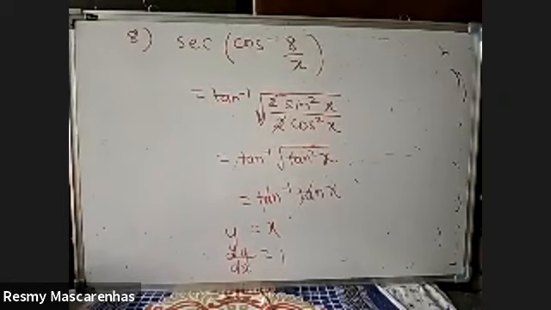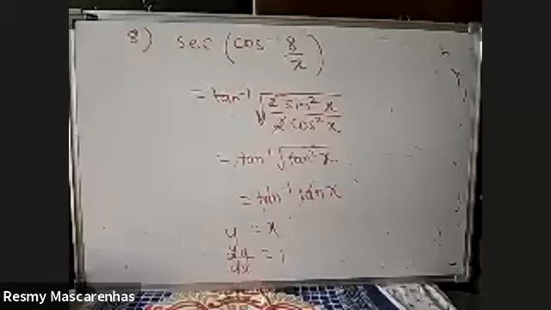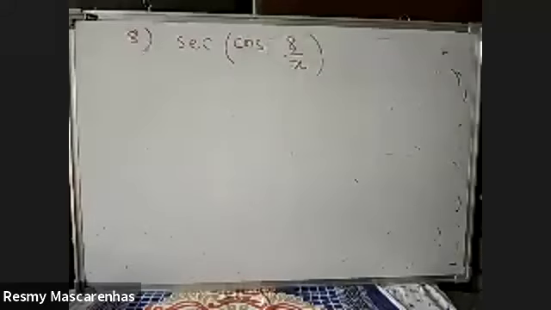8th one, sec of cos inverse 8 upon x. Can anyone tell me what is to be done? Triangle.